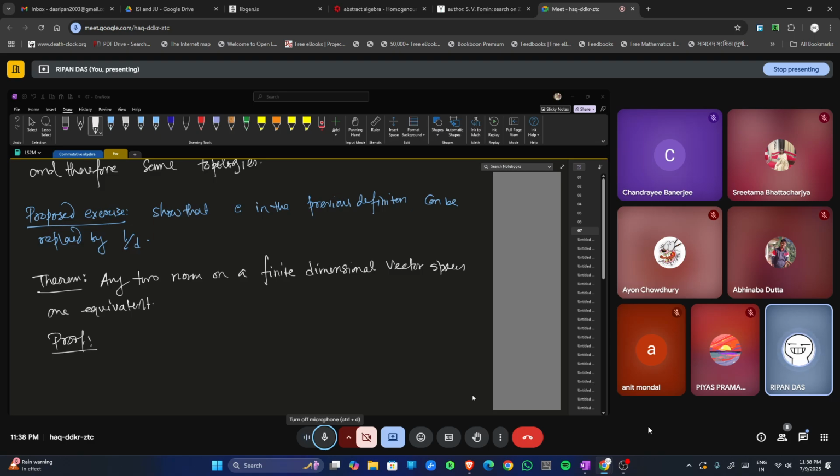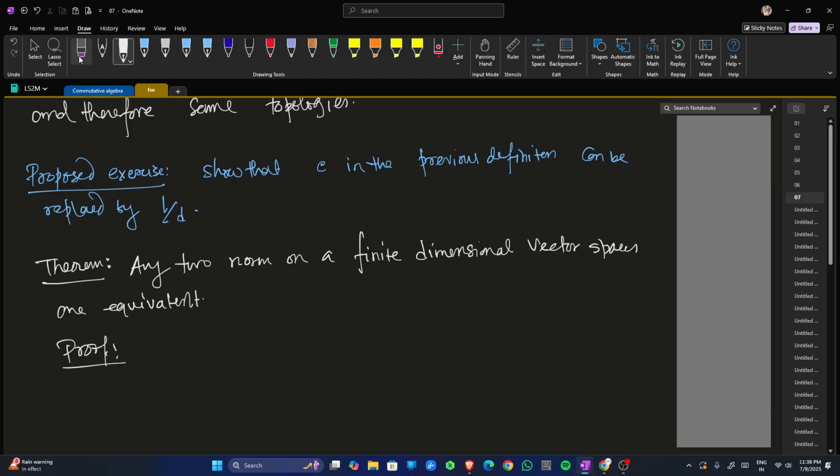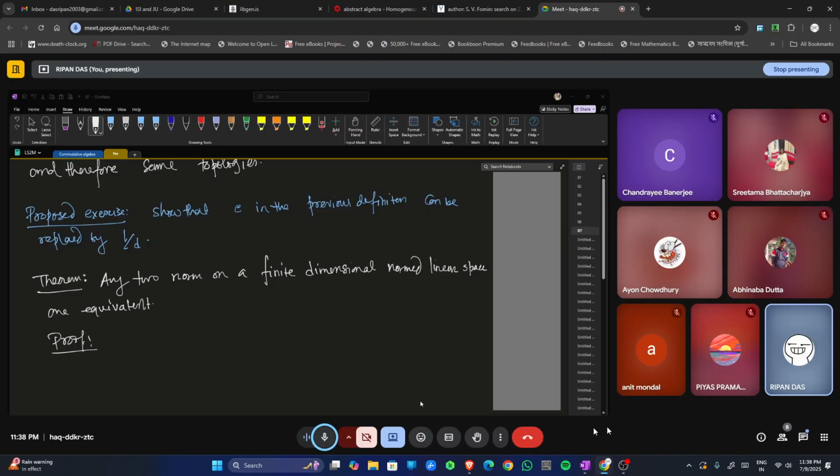I did not say vector space, it is a normed linear space. Okay, so any idea how to prove it? Please respond. Are you there?